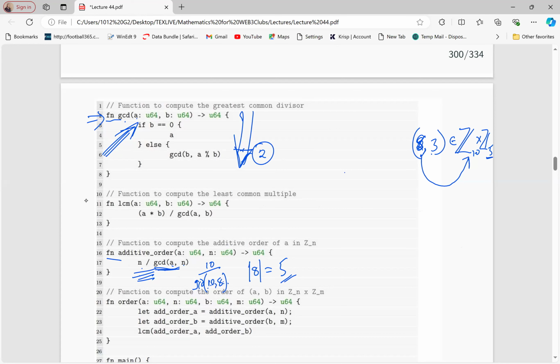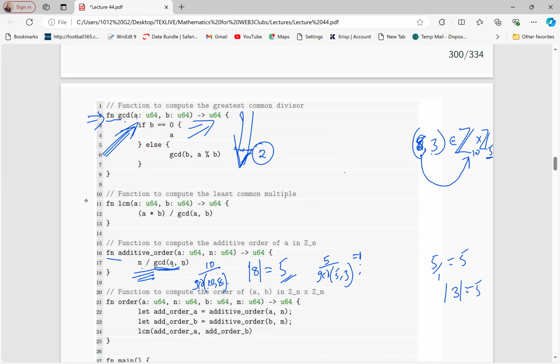It comes at this point, supposed to be 5 over the GCD of 5 and 3. This one calculates the GCD and gets 1. And so 5 over 1 is again 5. So the order of 3 again is 5.